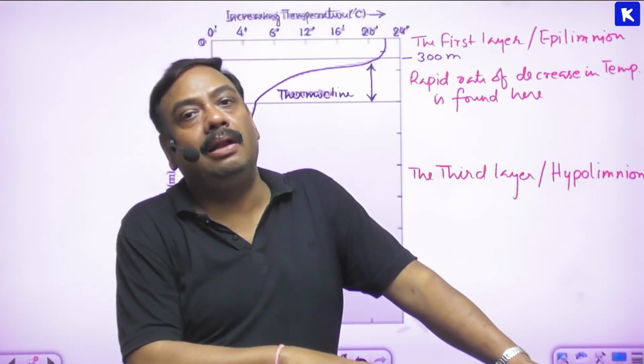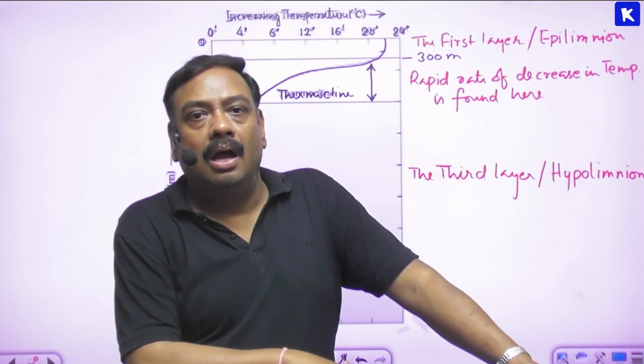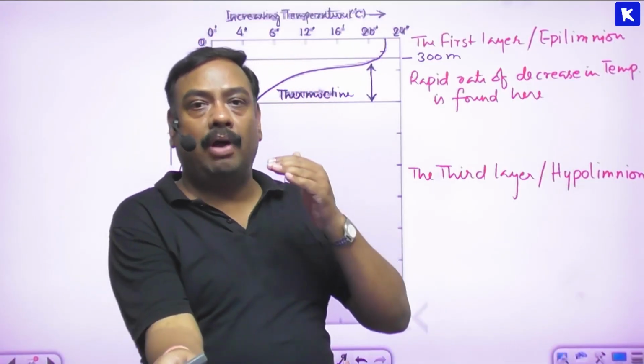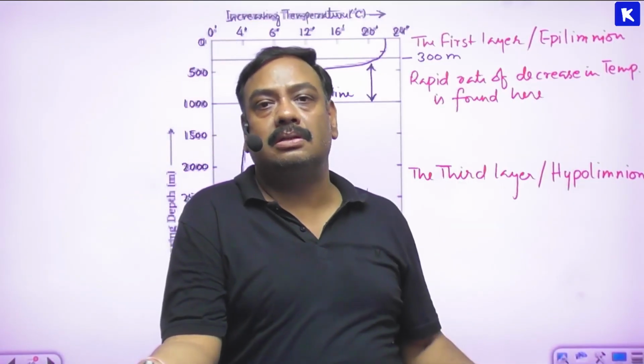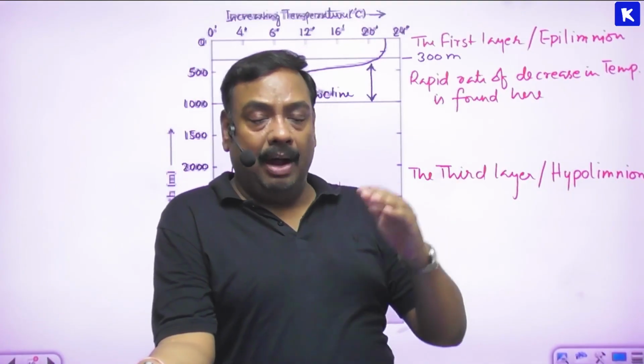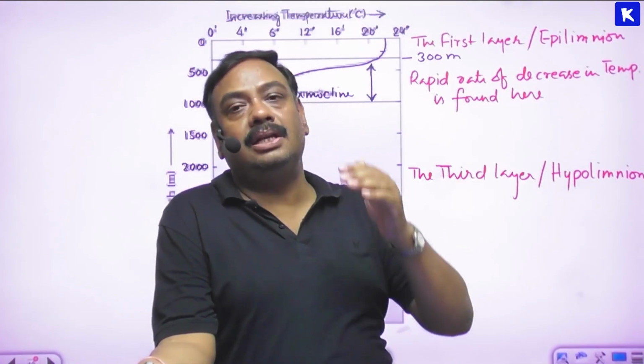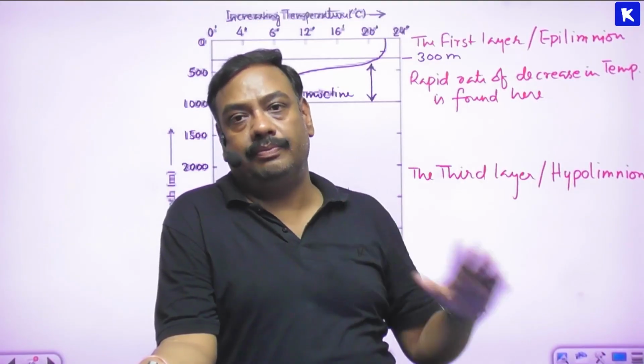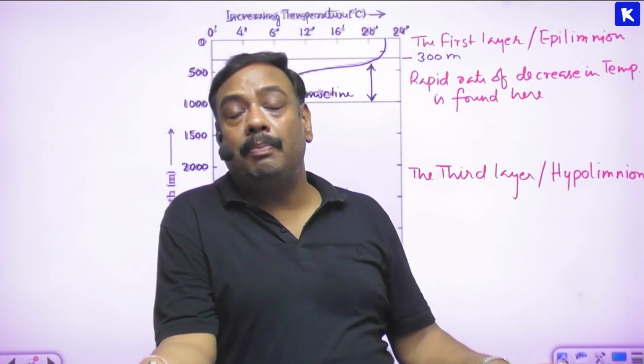It is very clear. But again, you have to observe that when we go from the equator towards the poles, the amount of heat energy received on the surface is also getting decreased towards the poles.